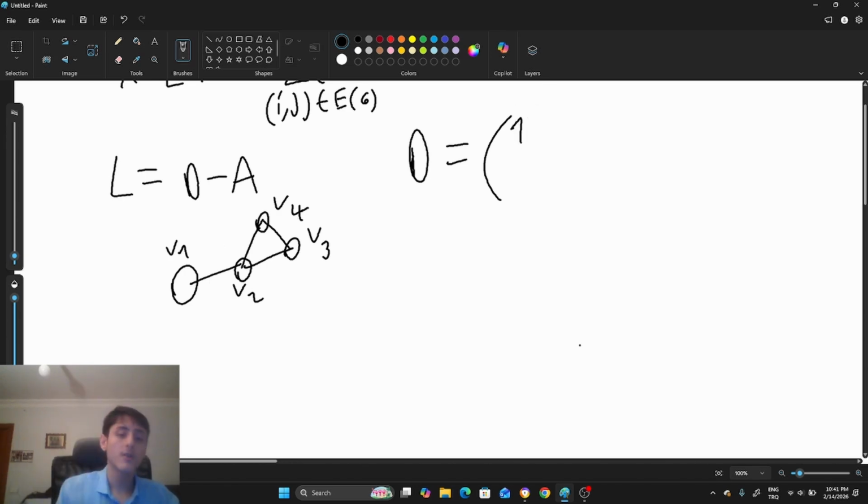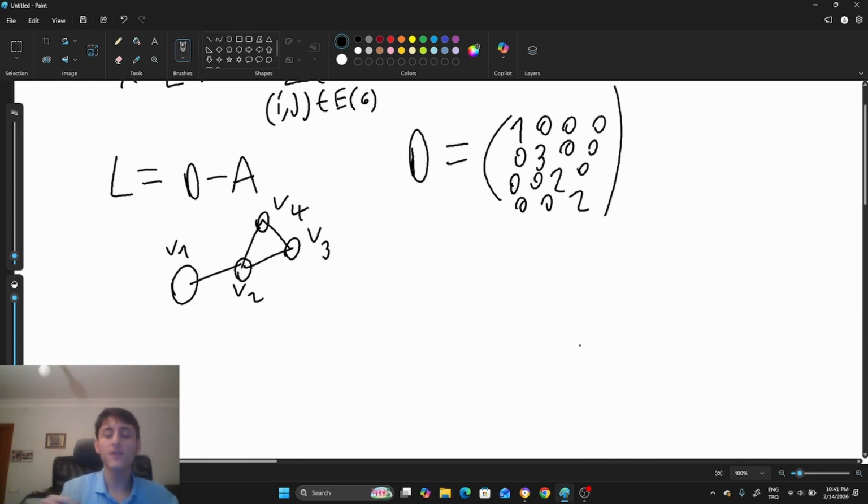For vertex 2 it has 3 edges connected to it, so the degree is going to be 3. We are writing this to the diagonal. Vertex 3 has a degree of 2, so we put 2, and vertex 4 is 2, and the remaining spaces are going to be 0. So this is how we define the degree matrix.